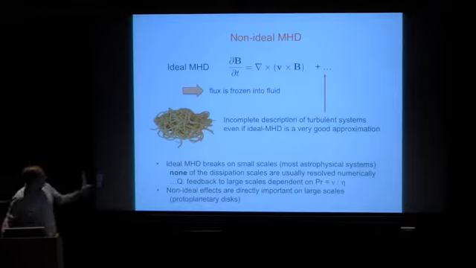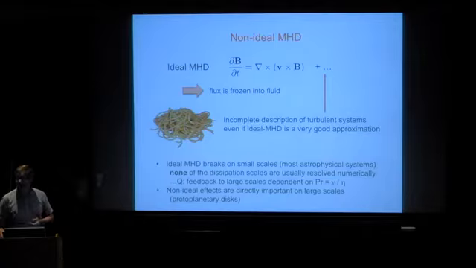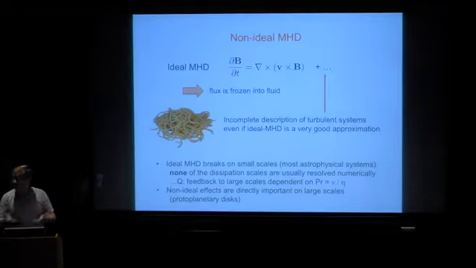Okay, so there's, particularly in many circumstances, but in disk circumstances as well, what happens on those small scales is interesting and raises some interesting questions. In well-ionized systems, the breakdown of ideal MHD is occurring on small scales due to things like formation of current sheets and so forth.